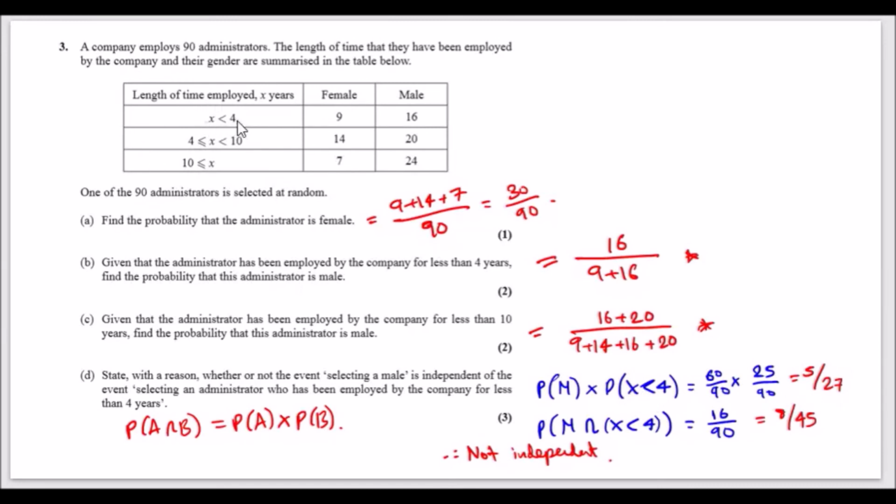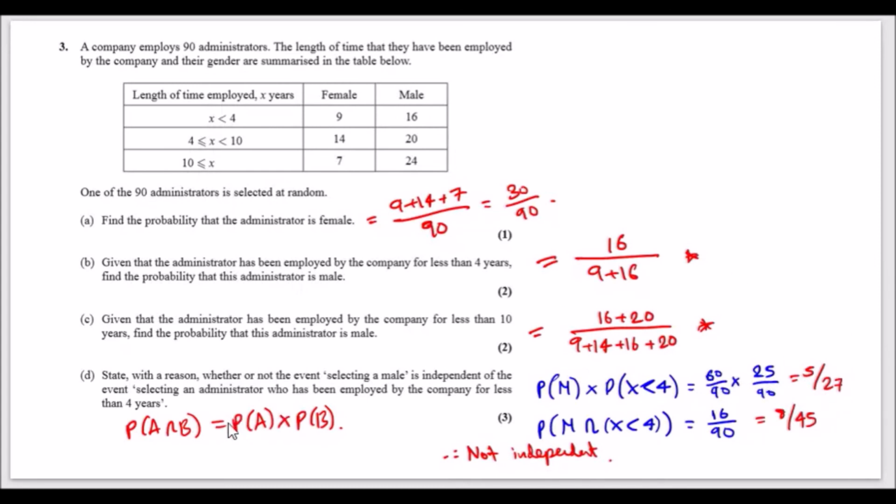We're looking at this column and we're looking at M. The probability of getting a male is any of these options, 16, 20, and 24, so it'll be 60 out of 90. The probability of an administrator who has worked for less than 4 years is anyone from the first row, 9 and 16, so it's 25 people out of 90. Doing that, you should get 5 out of 27.